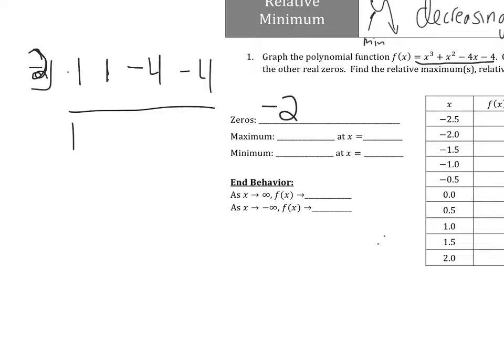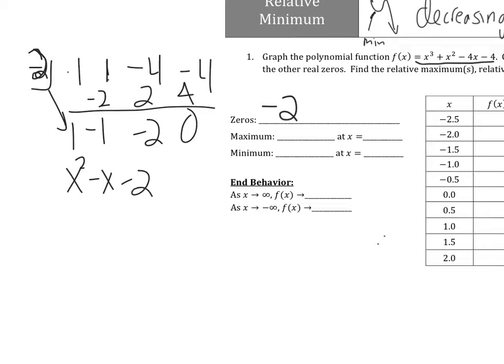I can run drop, multiply, add, so that's a -1, multiply, it's 2, -2, that makes that +4, 0. So I'm left with x squared minus x minus 2. That's x minus 2, x plus 1 factored. So my other zeros are going to be at 2 and -1.